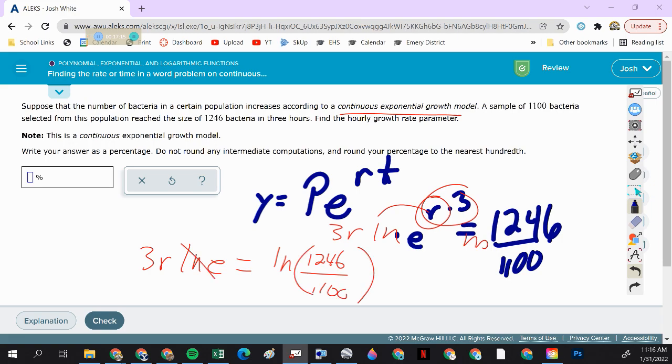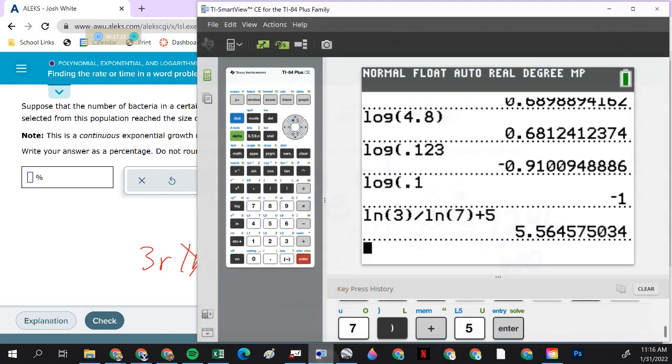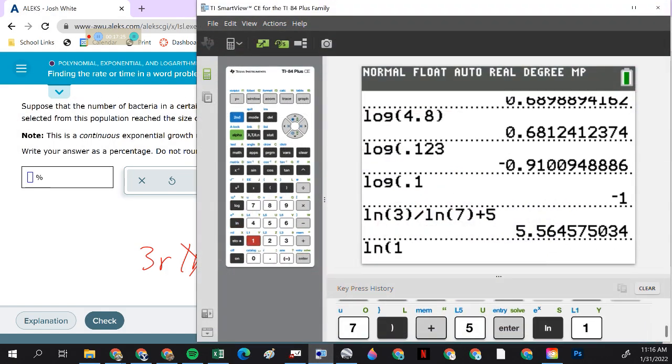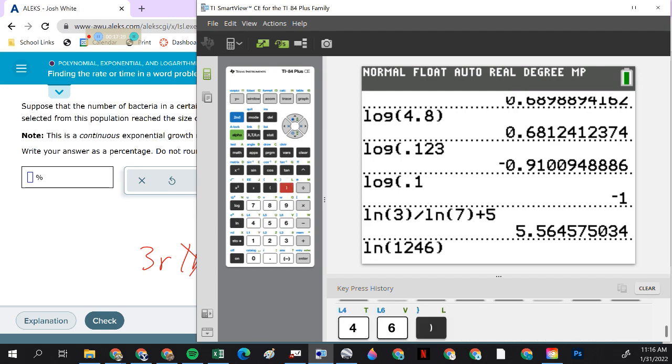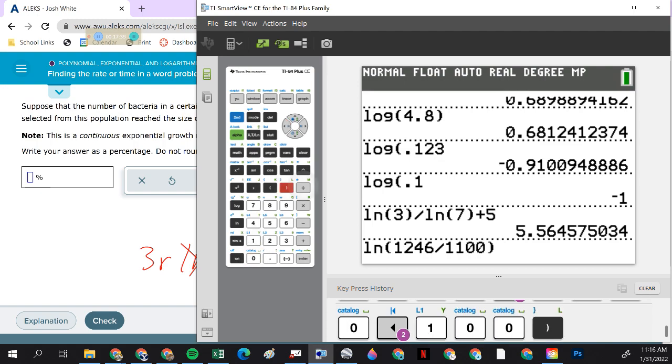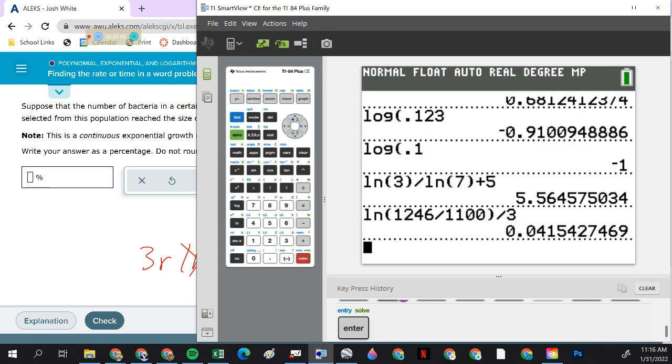Ln of e is just 1. So we just divide this by 3. So the ln of 1246 divided by 1100, and then we'll divide that number by 3.